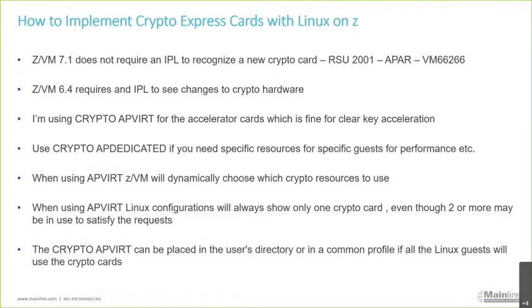At this point, we're done setting up those cards from a hardware standpoint. And from a z/VM standpoint, it's fairly easy to configure the cards to be used for your Linux guests.